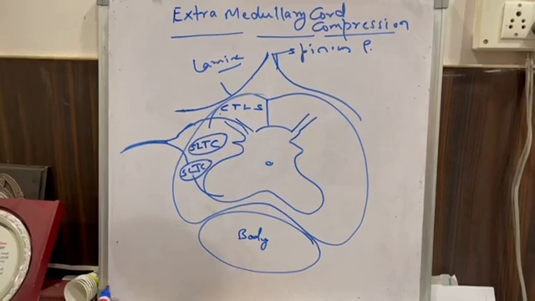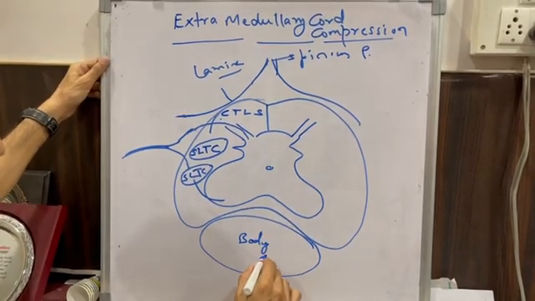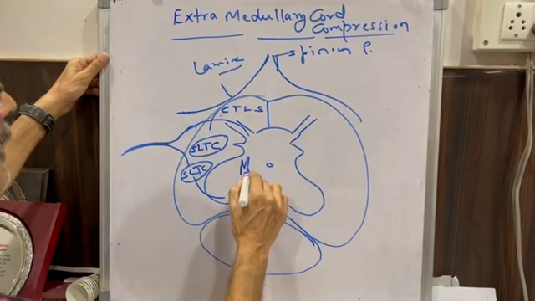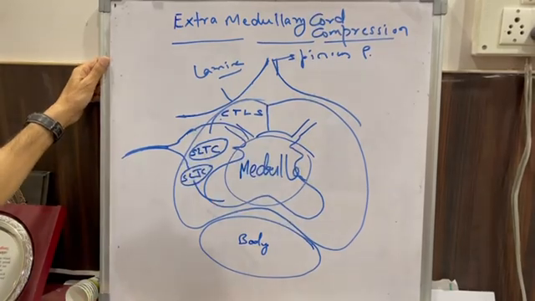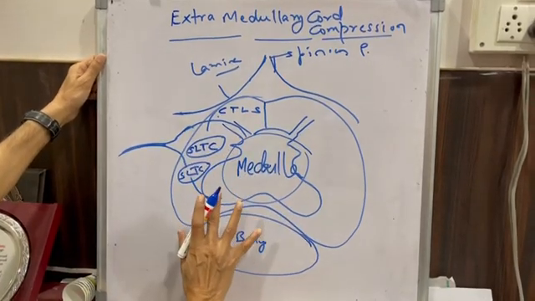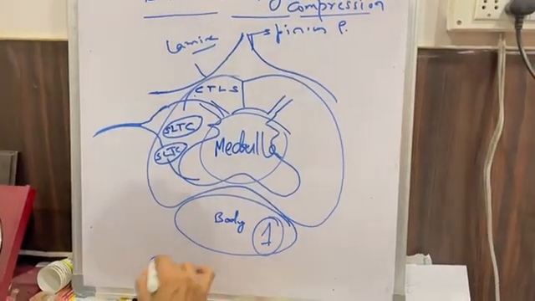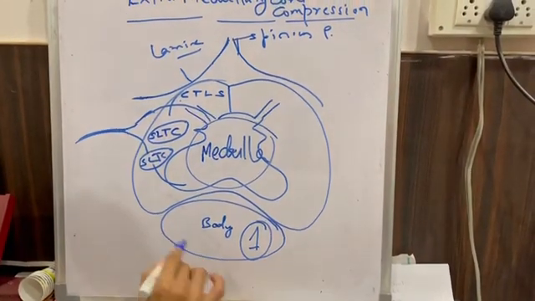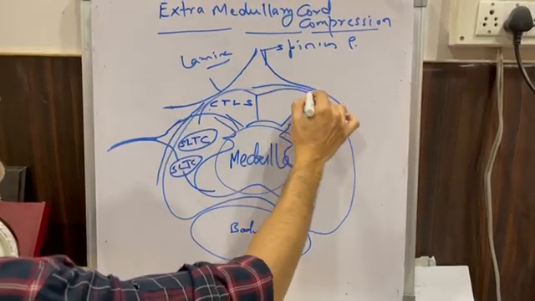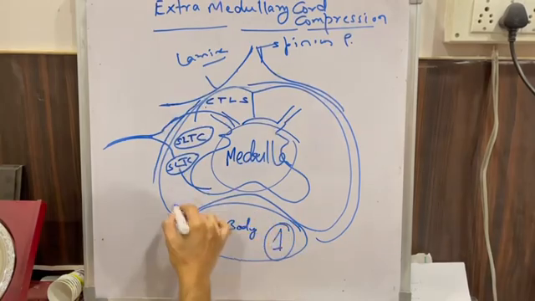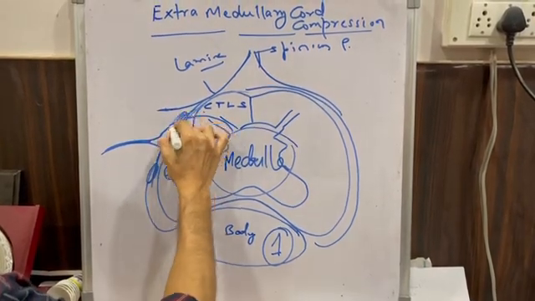So when we talk of extramedullary, this is the medulla of the spinal cord. When we are talking of extramedullary cord compression, that means the disease is either one in the vertebra or two in the dura which is covering the spinal cord, here or here.